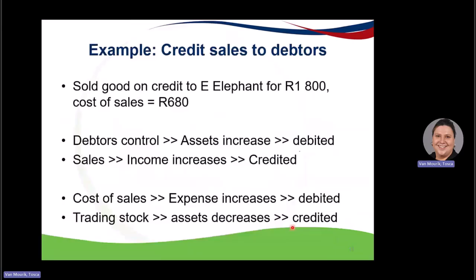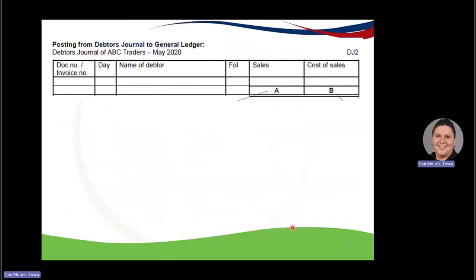So if we have to place this credit sale on our debtors journal, it will be the invoice under your invoice column. Remember, this is now the duplicate invoice because the original invoice is with my debtor. Then the day, for example, the 12th of May, it was for Elephant.